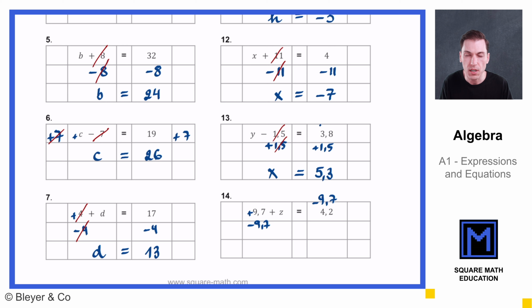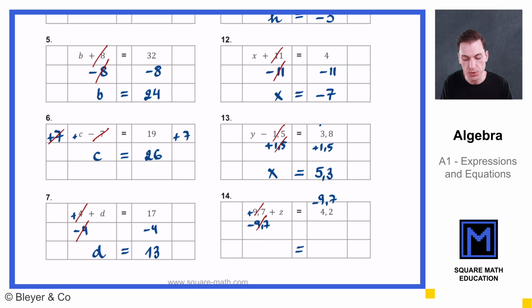It's a similar subtraction, but remember to take the sign of the biggest absolute value in here. So our answer is going to be negative. Equal sign, cancel out 9.7 minus 9.7, zero left.